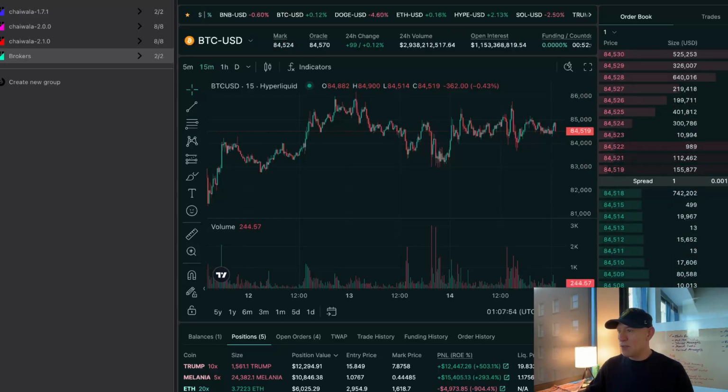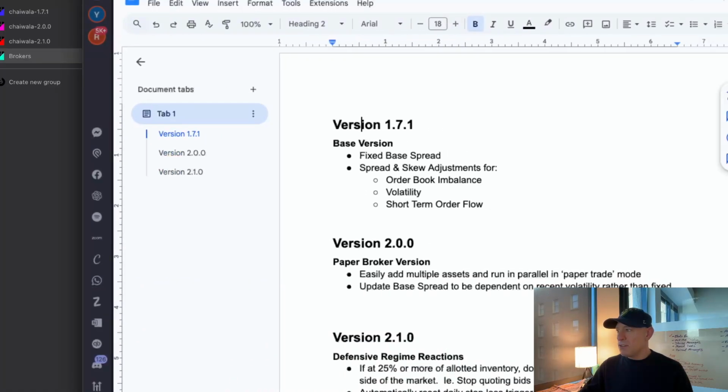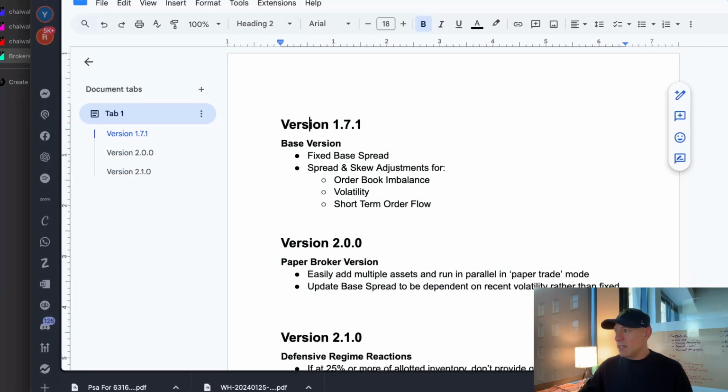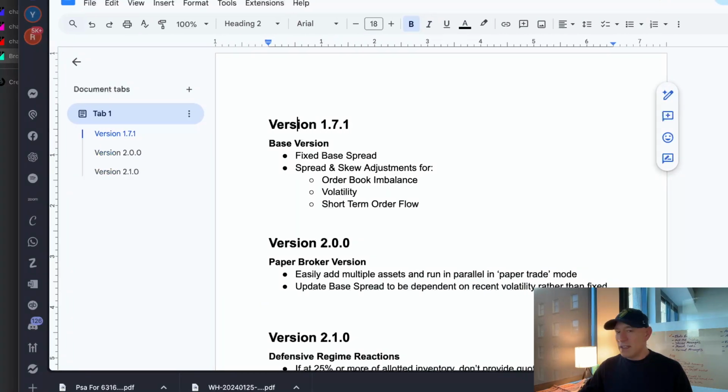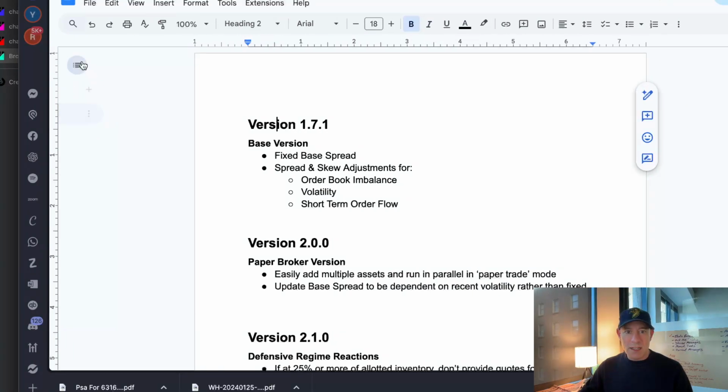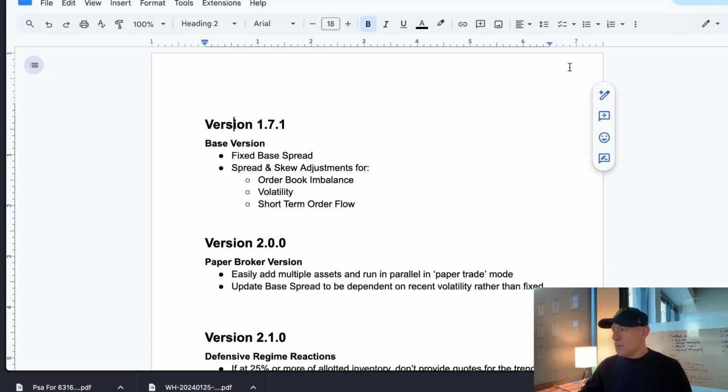So let me actually just show what the different versions are that I got going here and what the difference is at a high level. So version 171, which is what I'm saying is the base version of this. I've made a number of iterations over time.